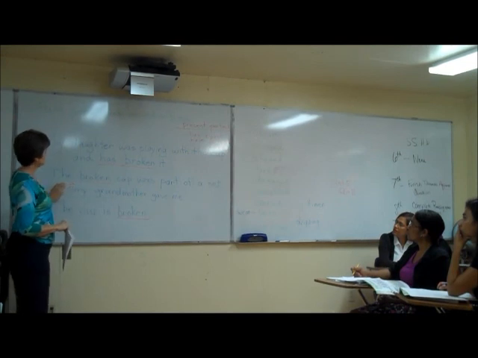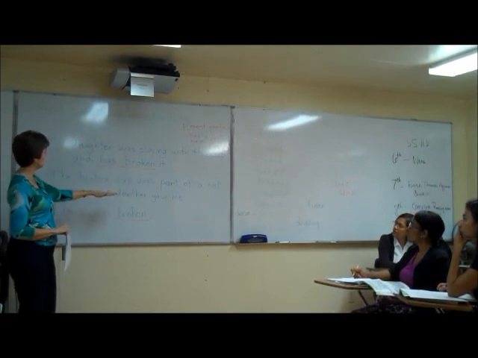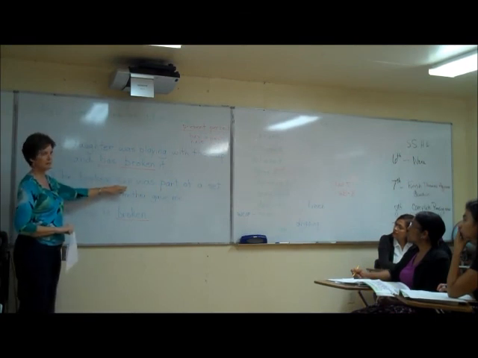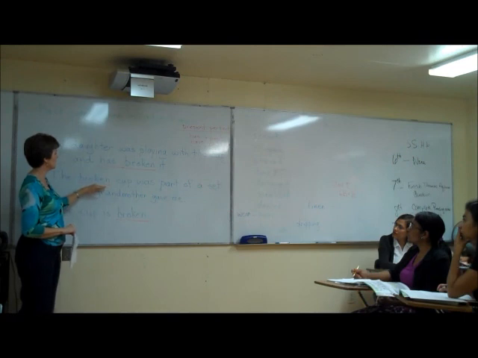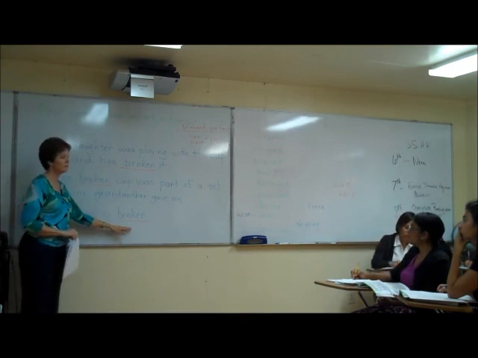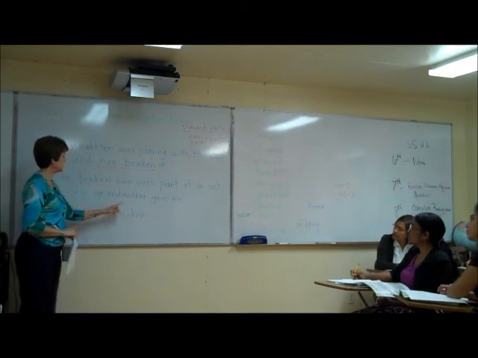Now we can use past participles as adjectives, and we often do. In this sentence, the broken cup was part of a set my grandmother gave me. Broken is describing cup. Okay? And so it's right in front of the word cup. It's describing a noun, so it's an adjective. In the last one, the cup is broken. We're still describing the cup, but the adjective is on the other side of the verb.